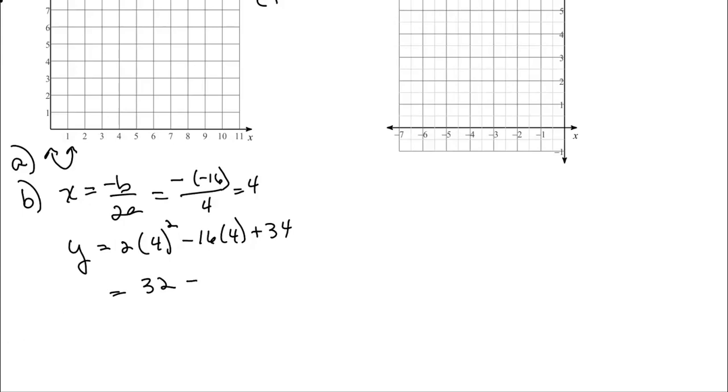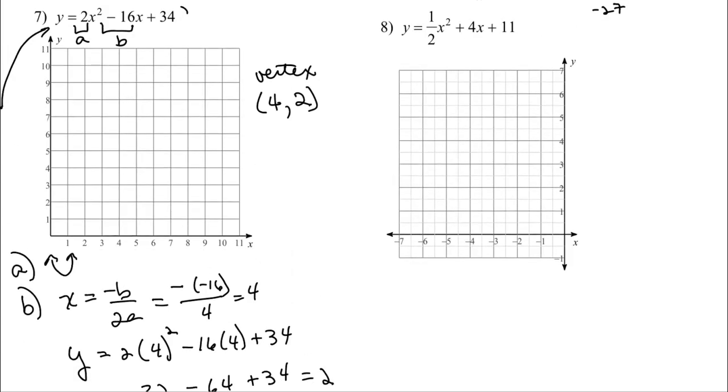Minus 4 times 16 is 64, plus 34. 32 minus 64 is negative 32, plus 34 equals positive 2. The vertex is 4, 2.